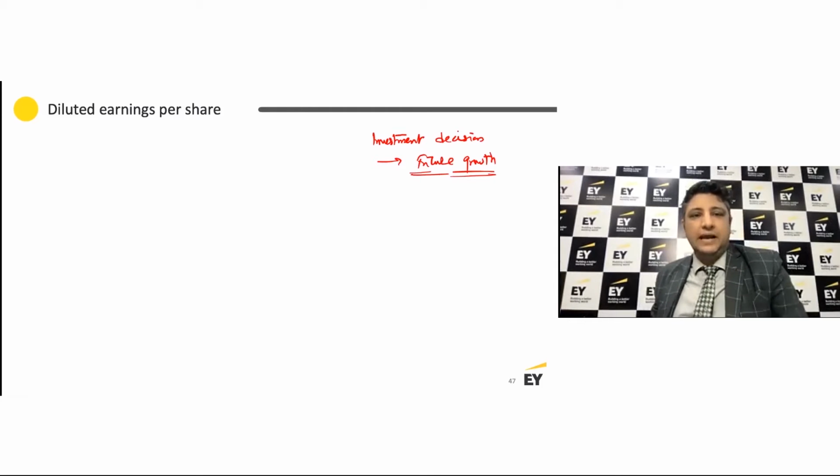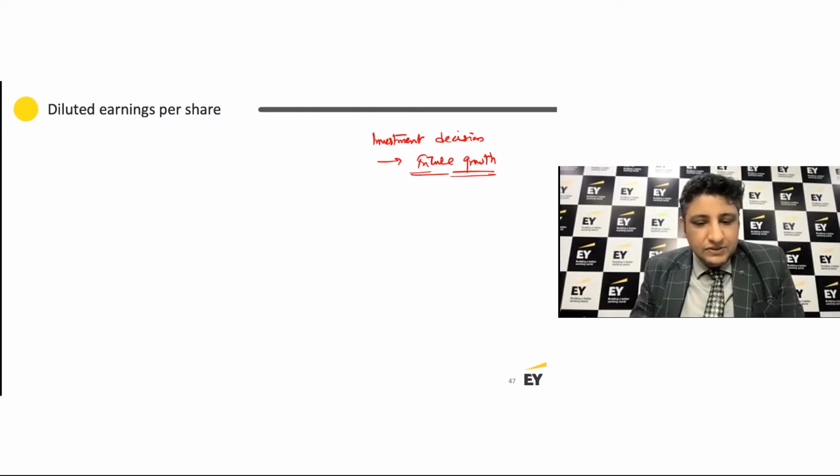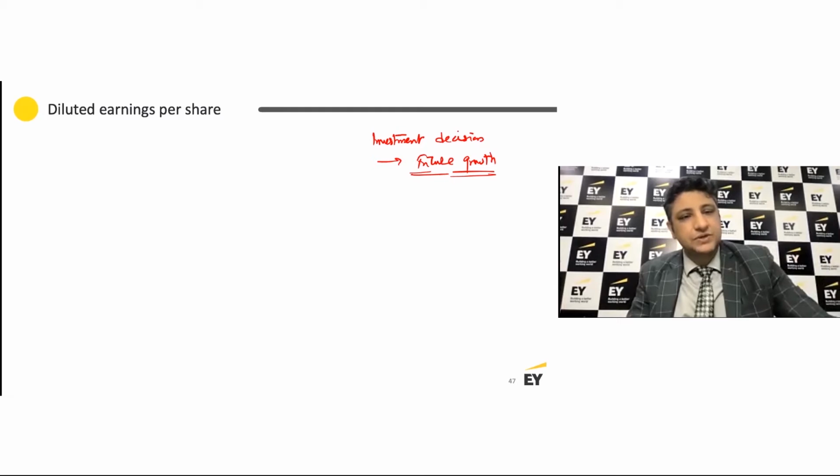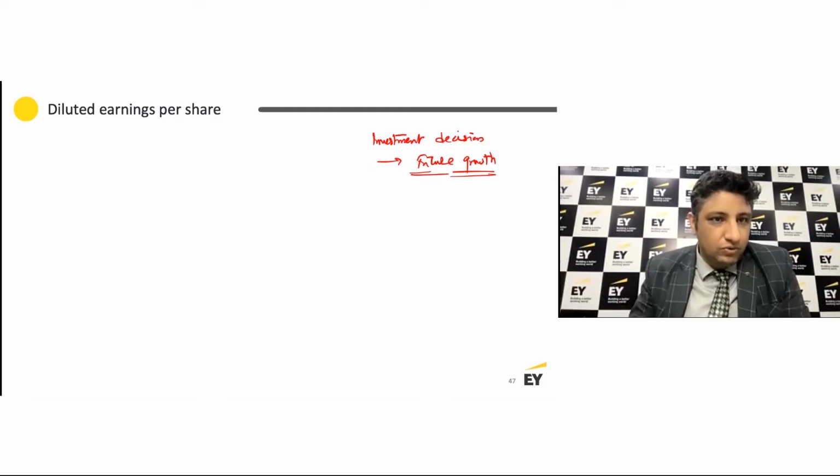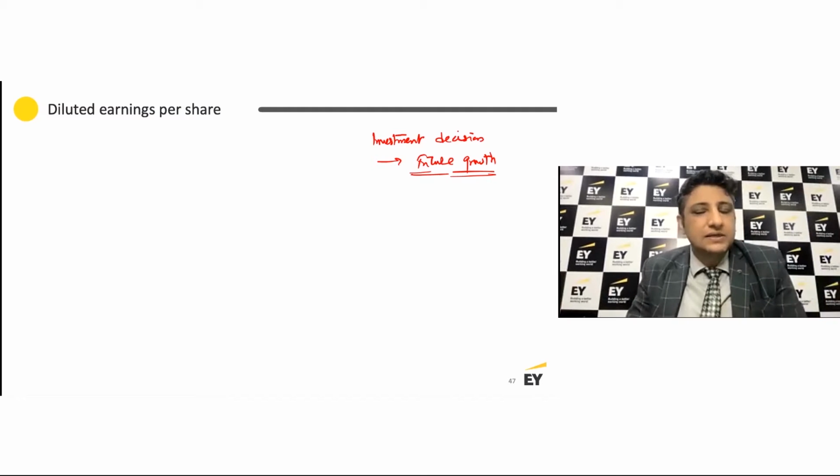And when you look at earnings per share, it's a measure of return. So if you invest your money today, on the basis of the EPS that the company has earned today, you also would like to assess in which direction that EPS is going to be in future. Is it going to increase or decrease in future?